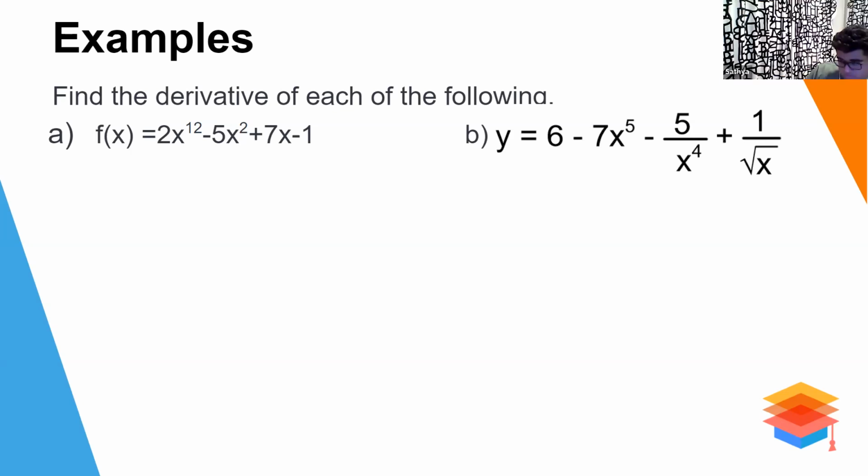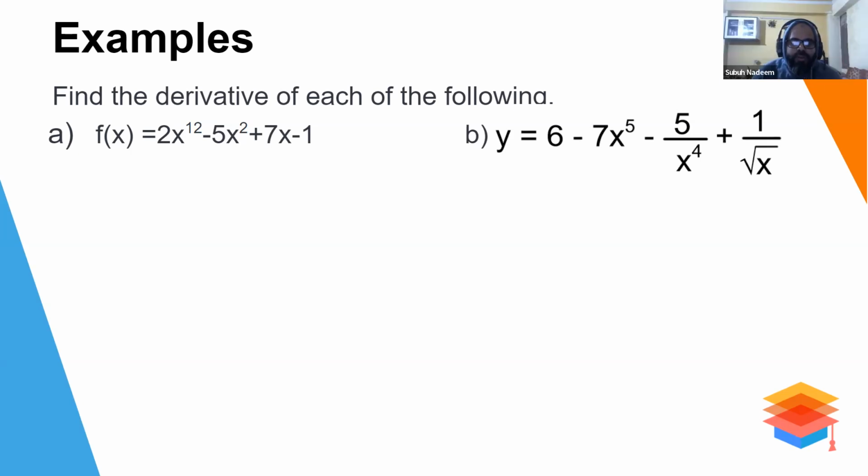So is it 1 by 5 into 1 by 4? What is 1 by x to the power 4? It is x to the power minus 4. And what is the derivative of x to the power minus 4? 1 by minus 4 x? Hmm, 1 by minus 4?